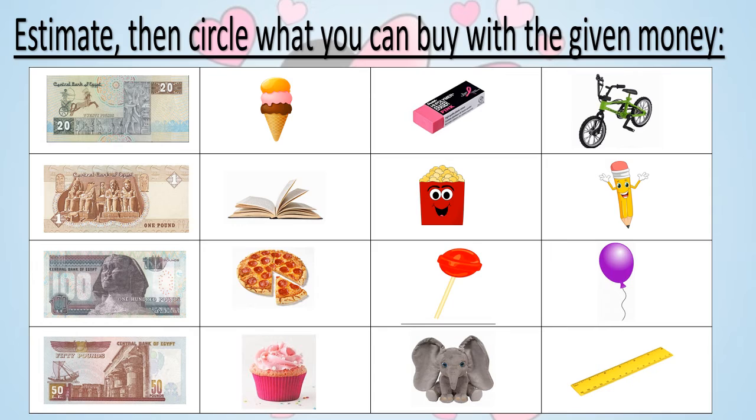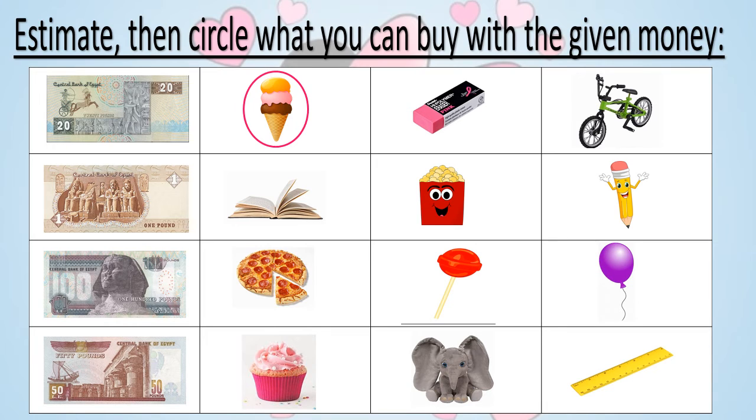In my estimation, the bicycle price is more than 20 Egyptian pound. So I cannot buy a bicycle for 20 Egyptian pound. What about an eraser? I think the price of an eraser is less than 20 Egyptian pound. And I think the price of an ice cream cone is equal to 20 Egyptian pound.